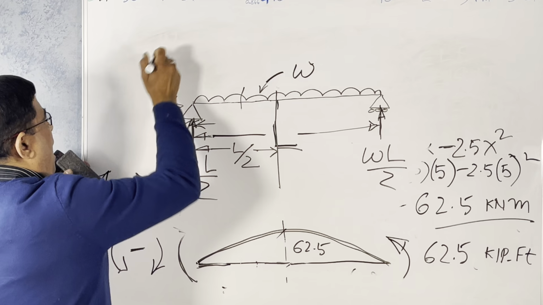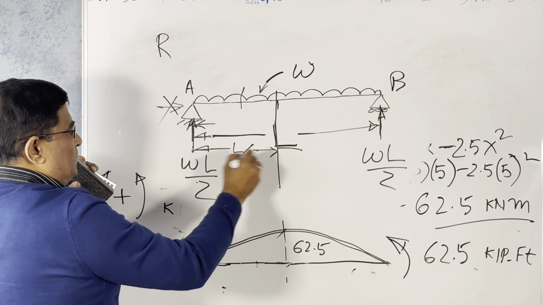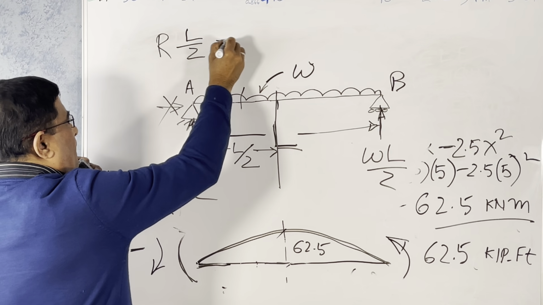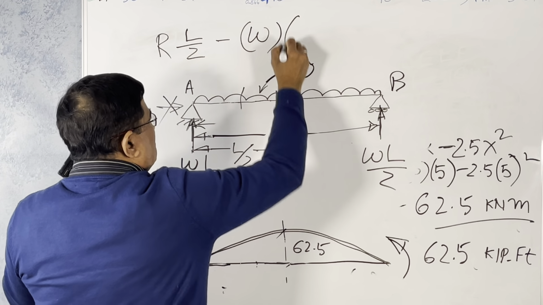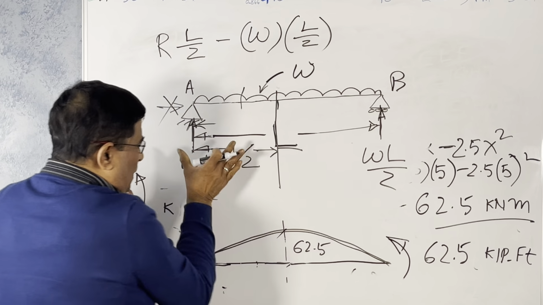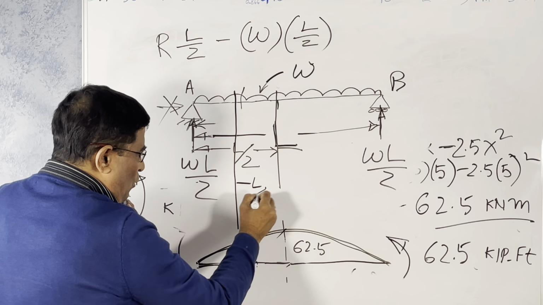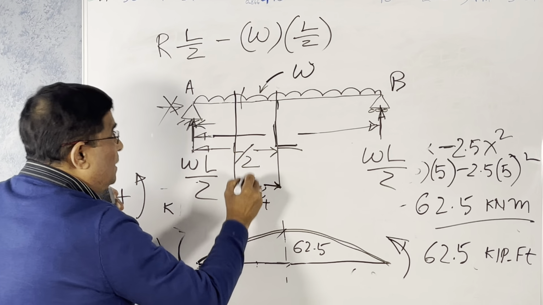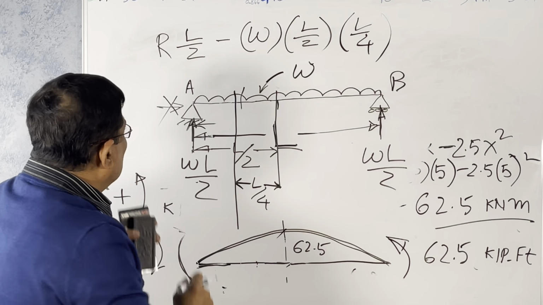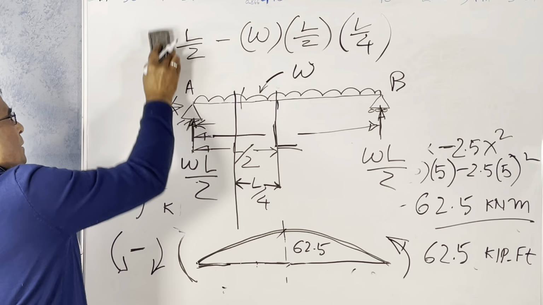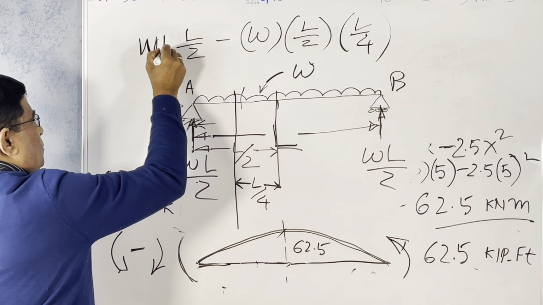You can say RA, if this is A and this is B: RA times L over 2 minus W times L over 2, the total UDL here, acting at half of this length, so it is L over 4 from here to here, times L over 4. So what is R? R is WL upon 2.